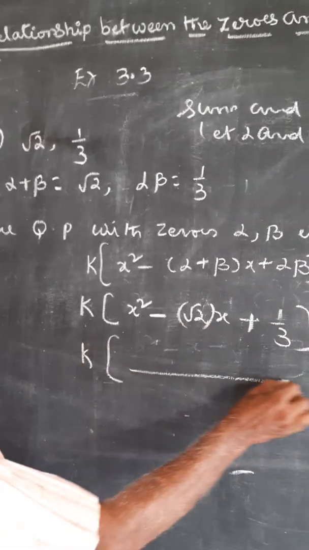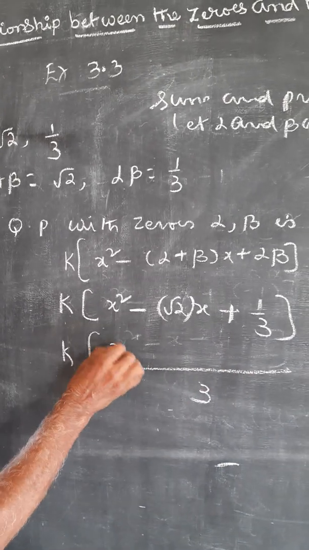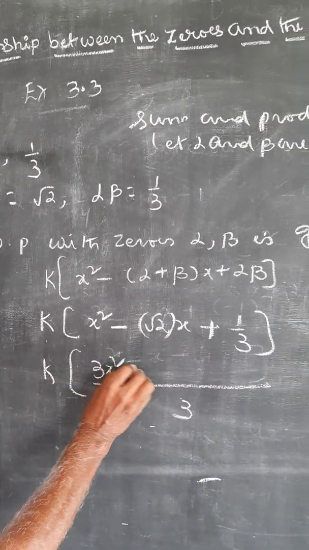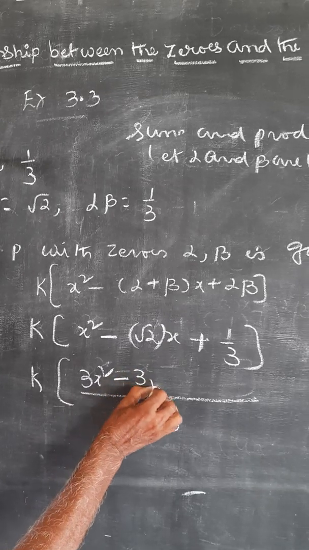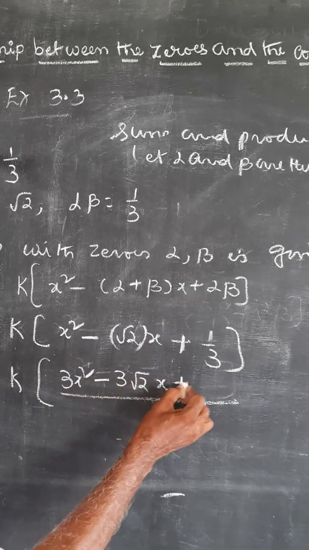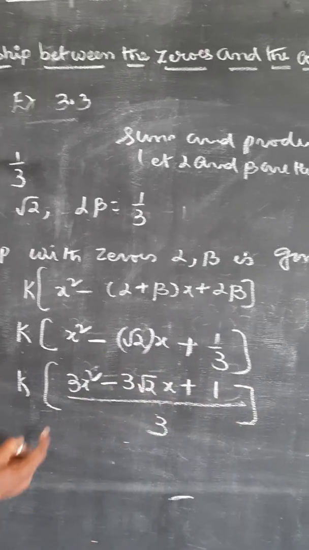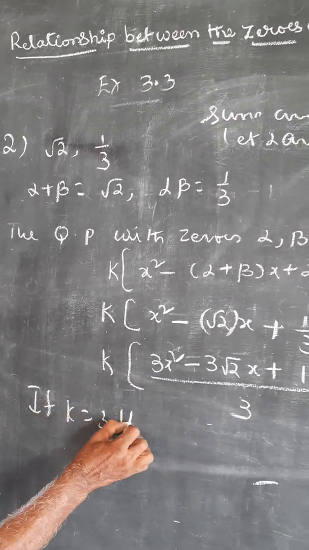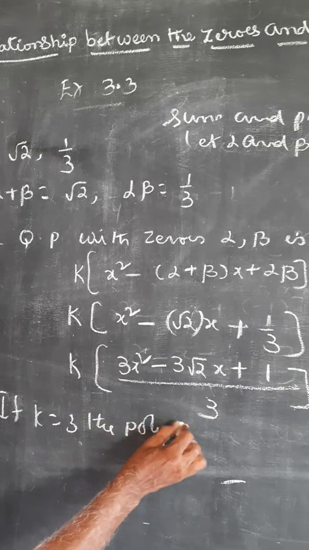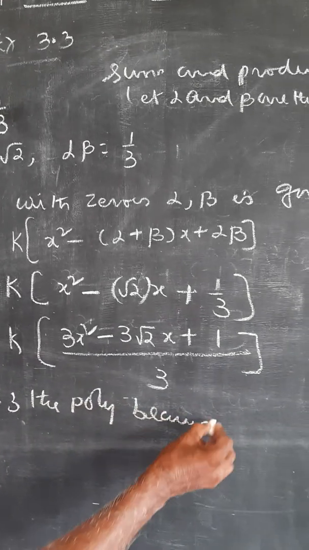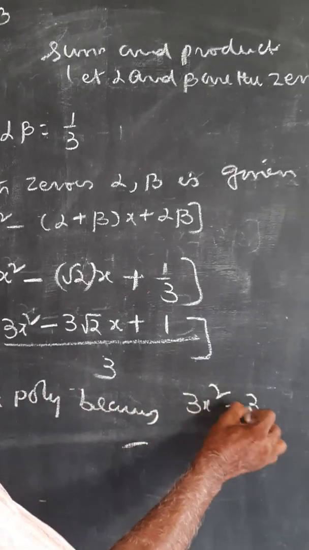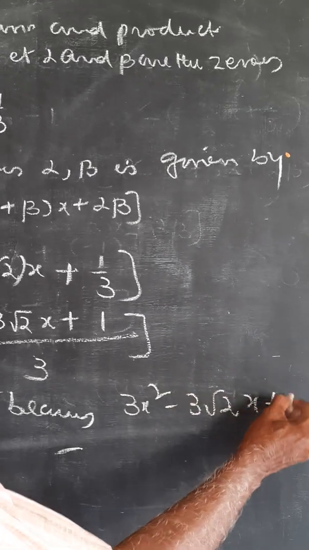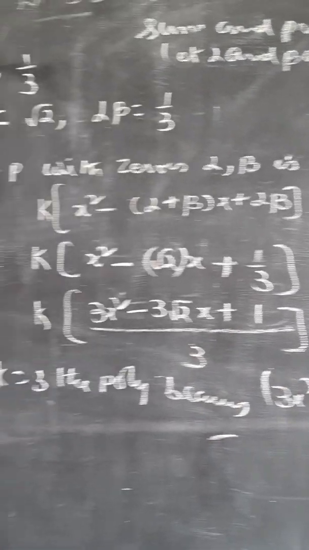So what is the LCM here? 3. Multiply with 3: 3x² − 3 root 2 x + 1. So take k value 3. If k is equal to 3, the polynomial becomes 3x² − 3 root 2 x + 1. This is the final answer.